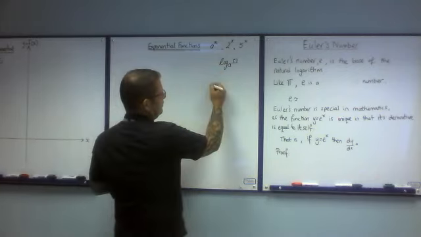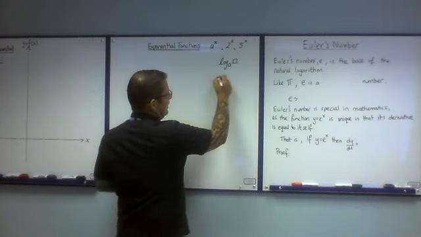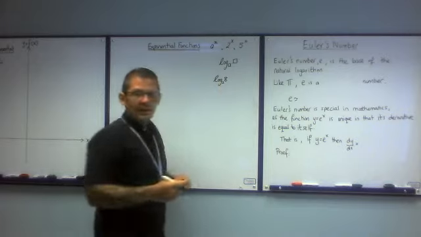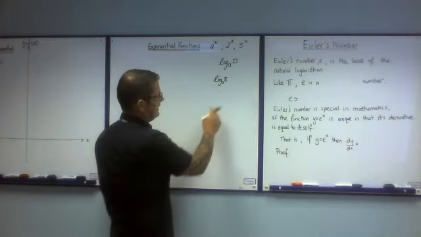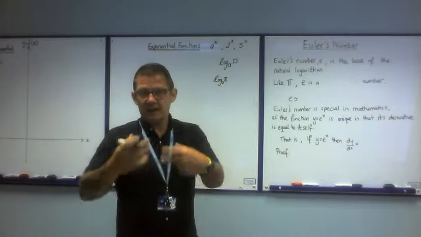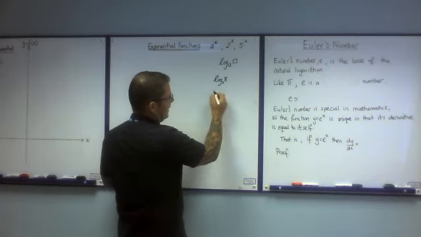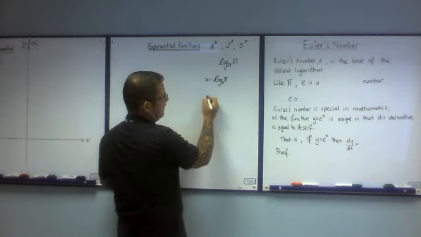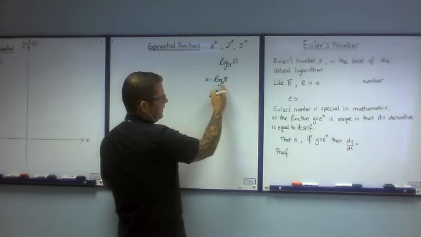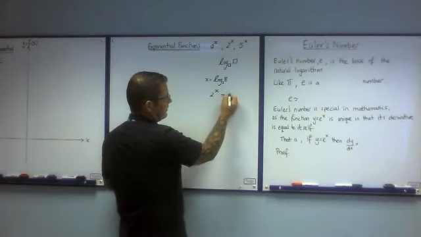We talked about something like this, where we said log with a base 2 of 8, and we looked at the alternate way of writing this in exponent form, where we said x is equal to the logarithm, or the power, that when I give it a base 2 gives me the answer 8.